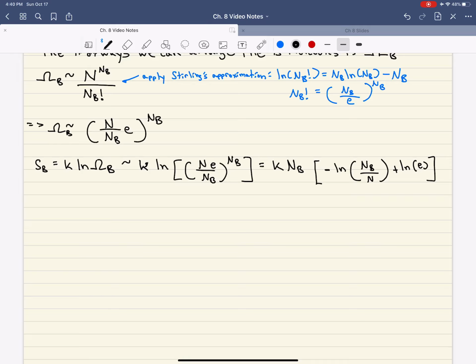Now the reason I wrote it in this format is this natural log of E, that's just 1. So that's simple. And over here, what we have is the number of B molecules over N, or the total number of molecules in our mixture. And so if we have NB over total molecules, that's just equal to a mole fraction. Okay. All right. And so this is our functional form of SB for now.